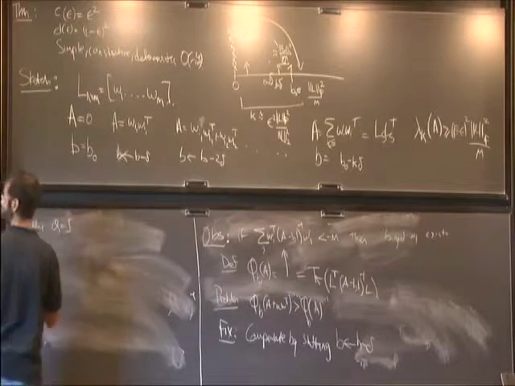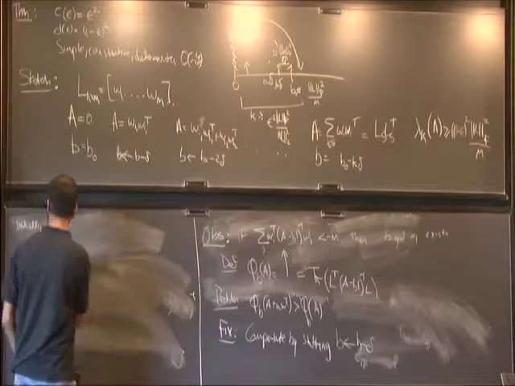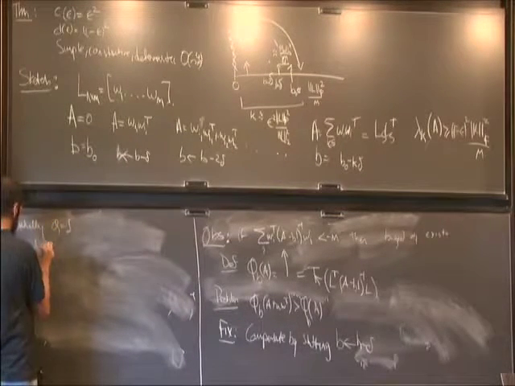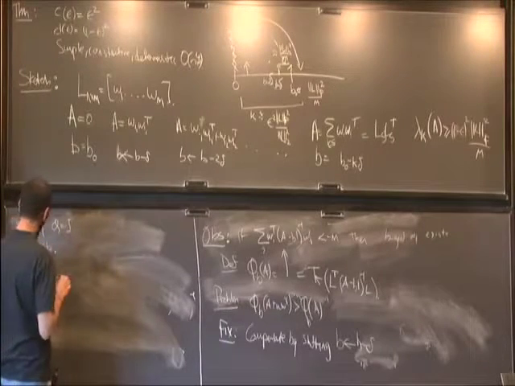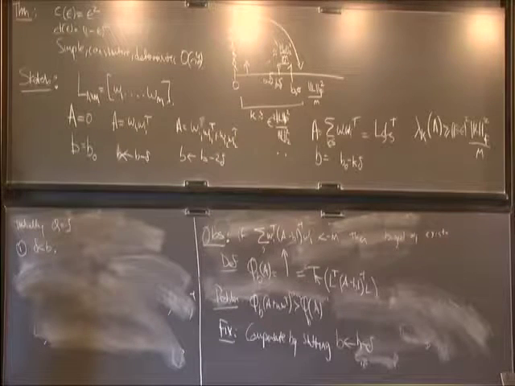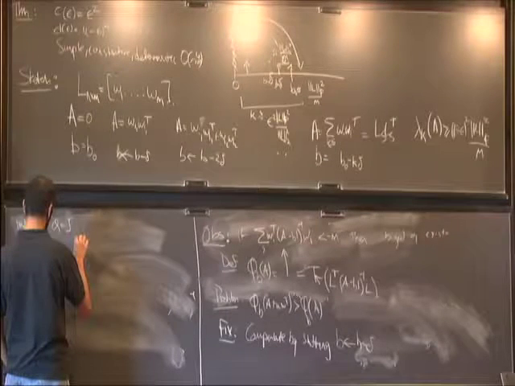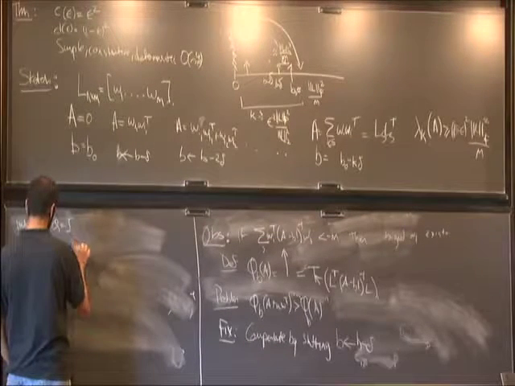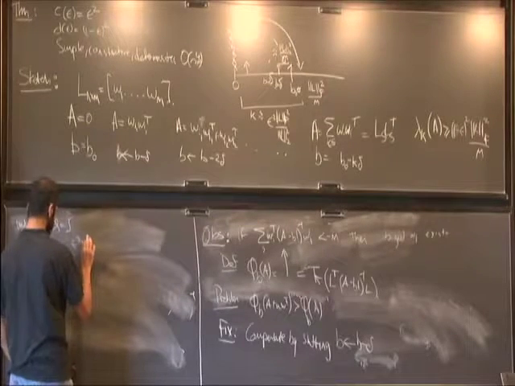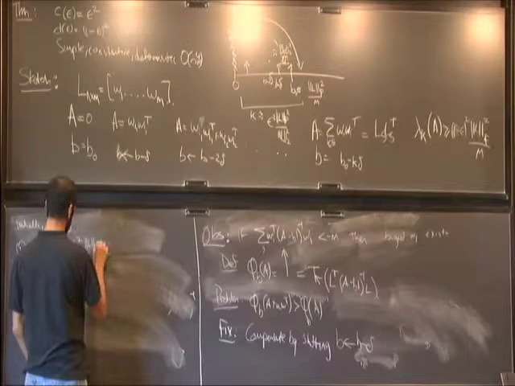So first I need to verify that B is bigger than delta, right? How do I do that? Let's see. So I have two cases. In one case, I have epsilon squared times the stable rank.